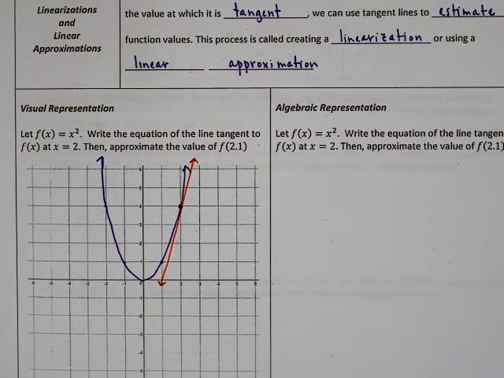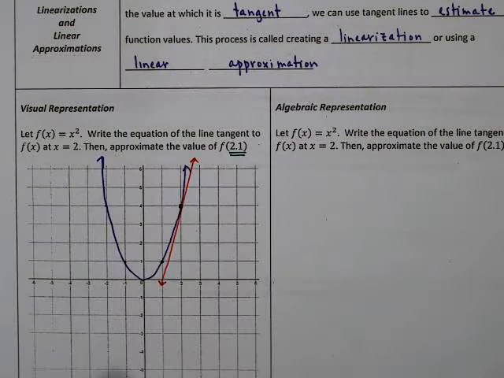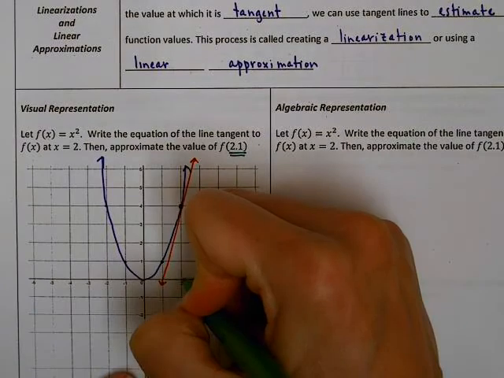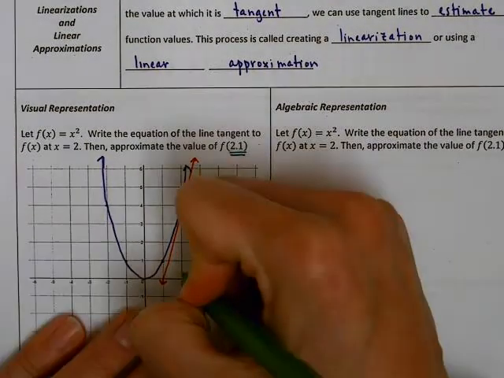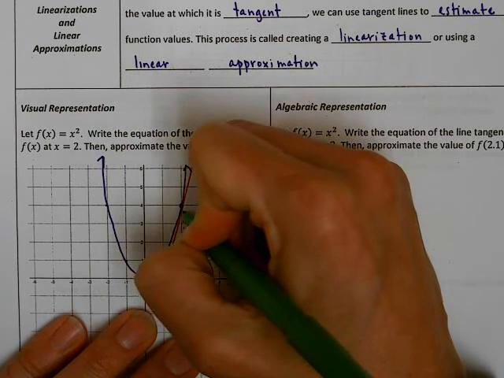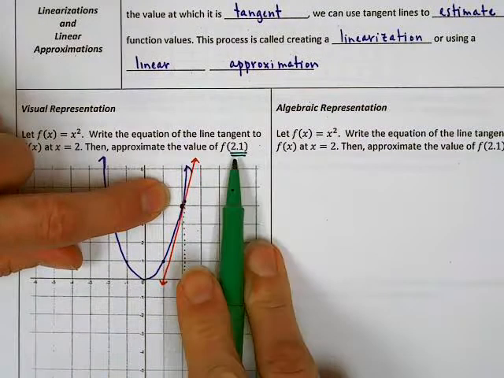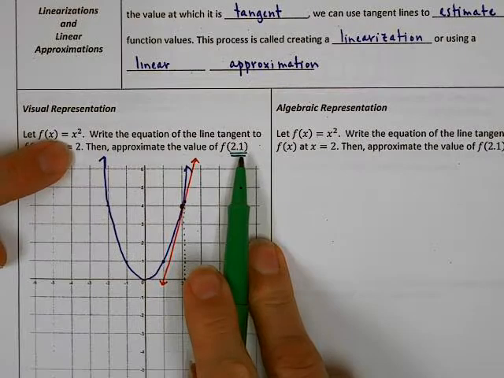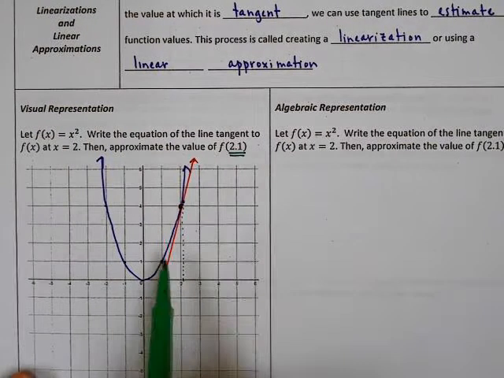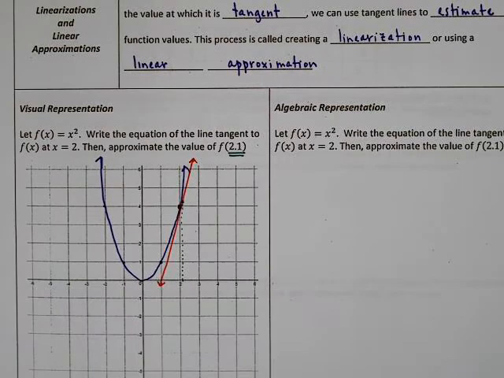So the idea here is if I want to approximate the value of the function f of 2.1, I know 2.1 is, let's say, about here. So I would go up to my curve. And since 2.1 is very close to the point of tangency, the value on that tangent line is going to be really close to the value of the actual function.